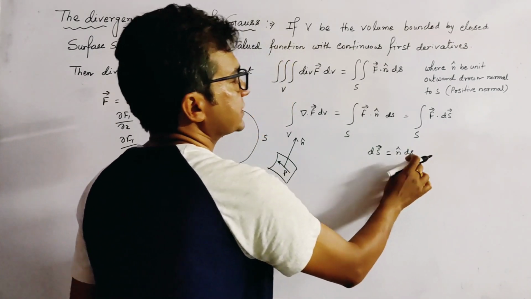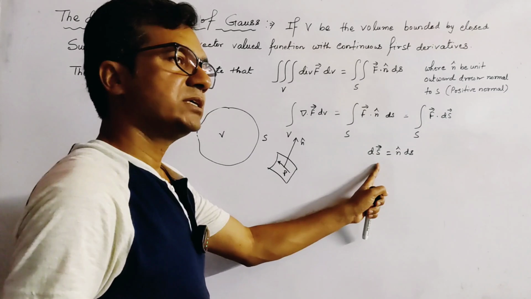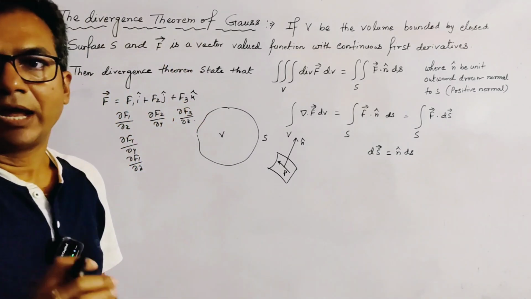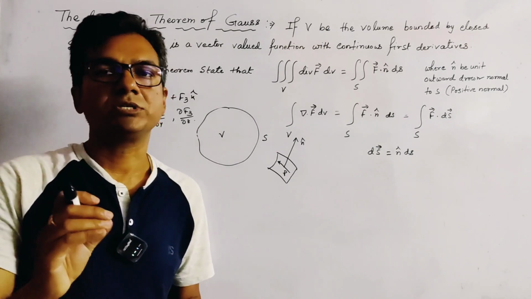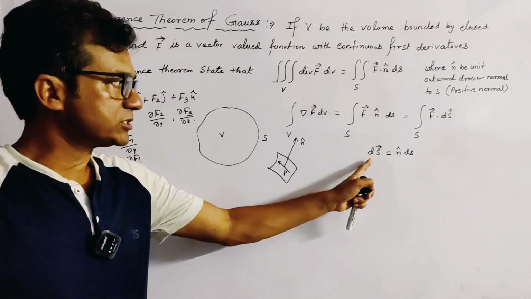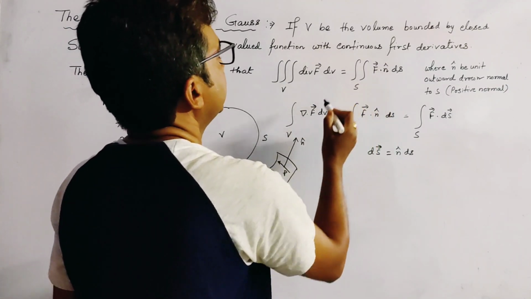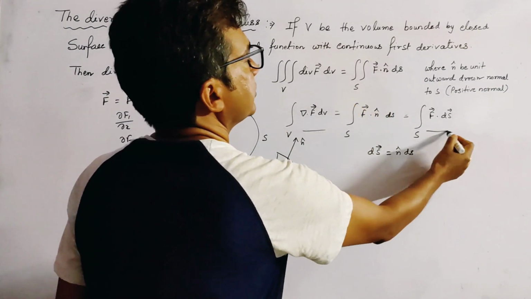In the earlier form dS is a scalar quantity, but here dS is a vector quantity, because the surface has both direction and magnitude. So this statement can be written in this form.